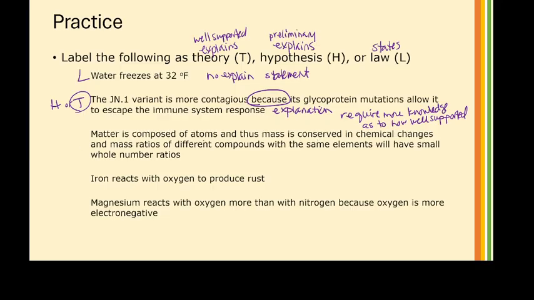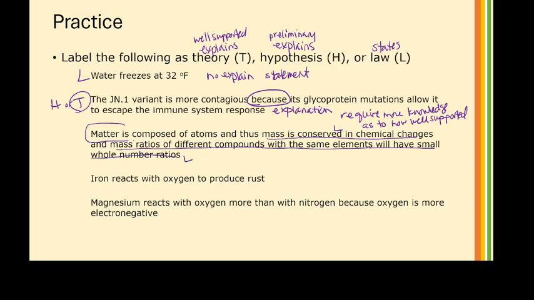Matter is composed of atoms and thus mass is conserved in chemical changes and mass ratios of different compounds with the same elements will have small whole number ratios. So basically, mass is conserved in chemical change, so this is a law. And mass ratios of different compounds with the same elements will have small whole number ratios. This is a law.